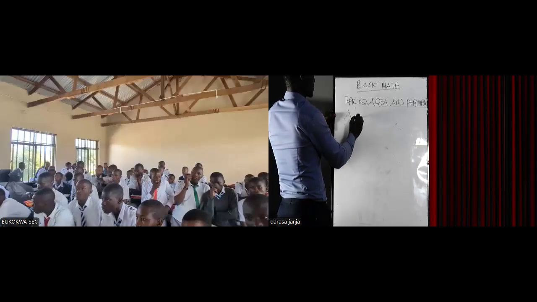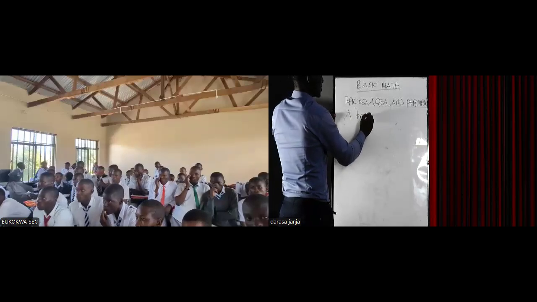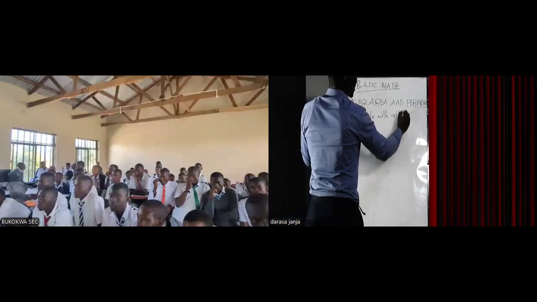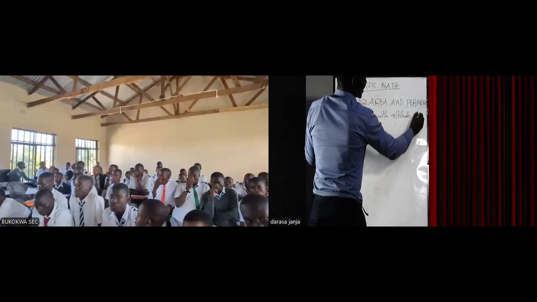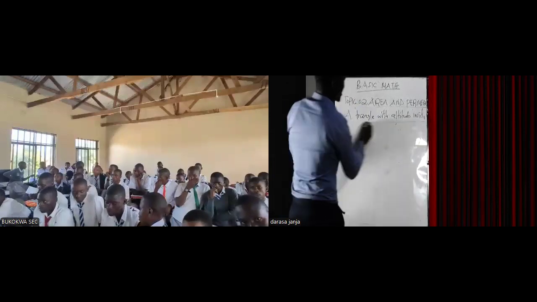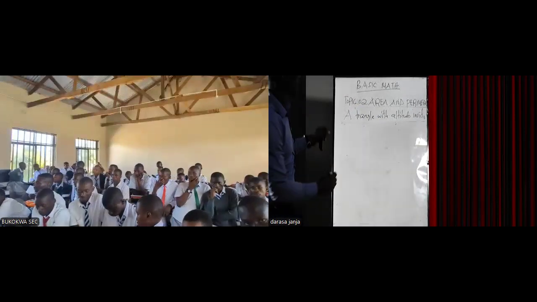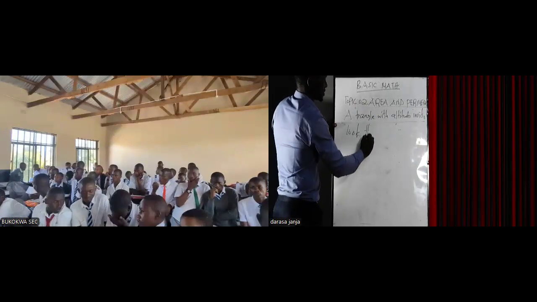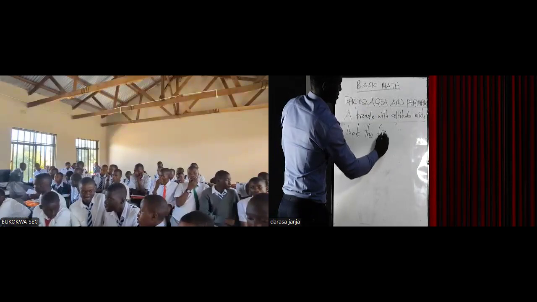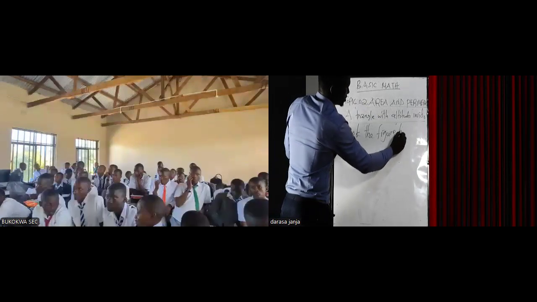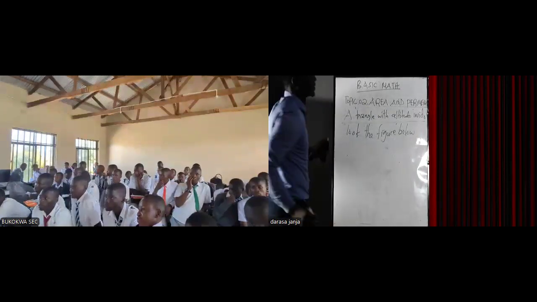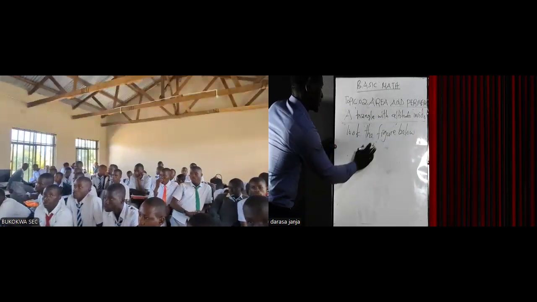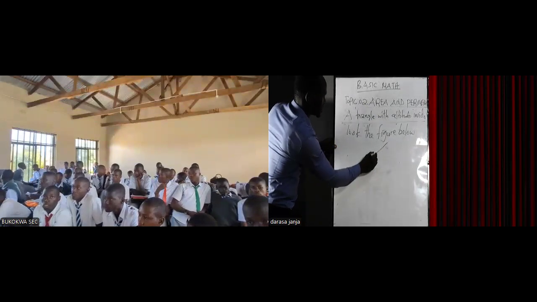A triangle with altitude inside. A triangle with altitude. Look at the figure below. So this is my triangle.